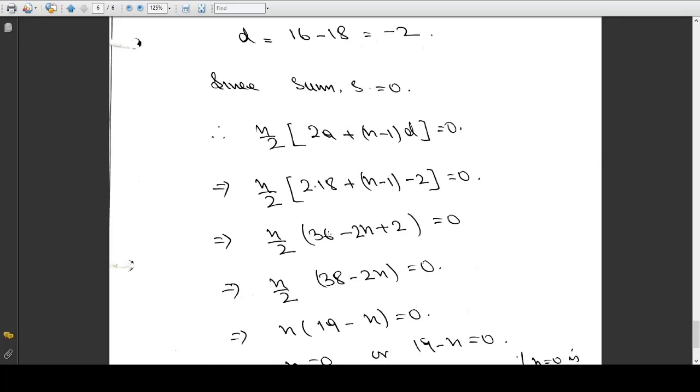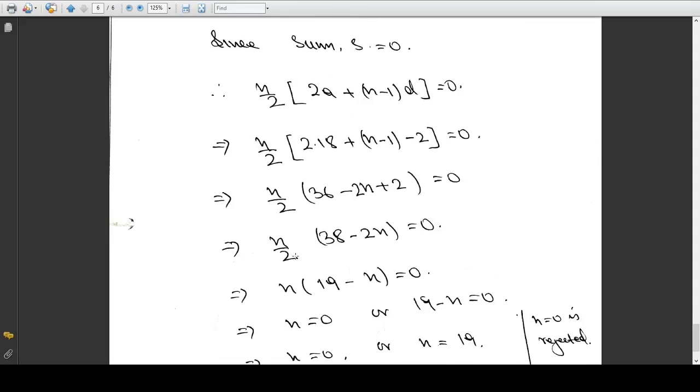Then 36 and 2 are constants, you can add them. 36 plus 2 is 38, minus 2n equals 0. Here you can take out what is common between these two, which is 2. 2 times 19 is 38, and 2 times n is 2n.